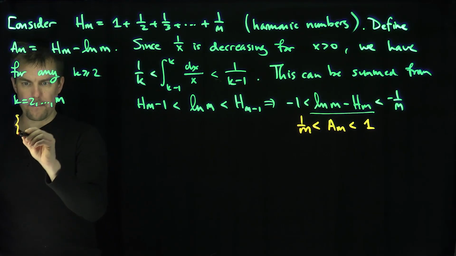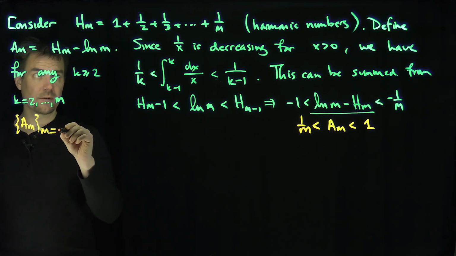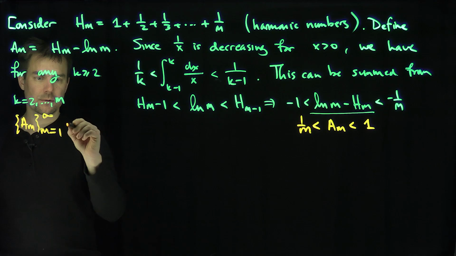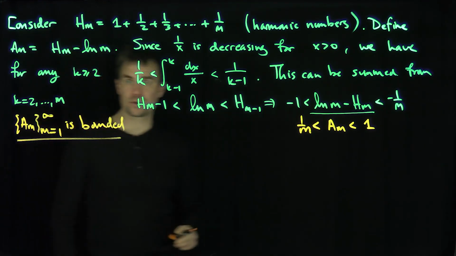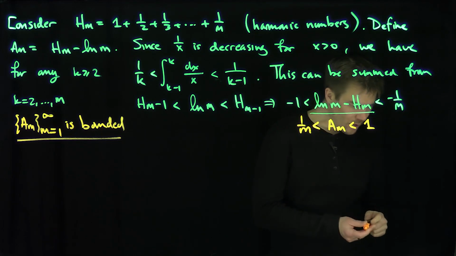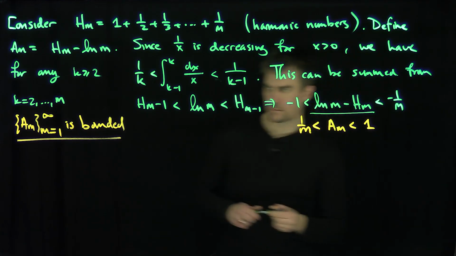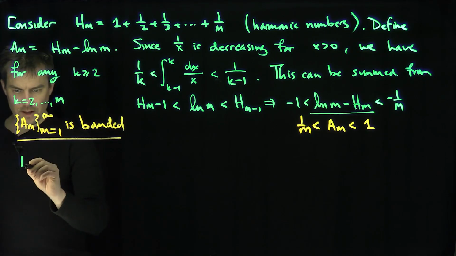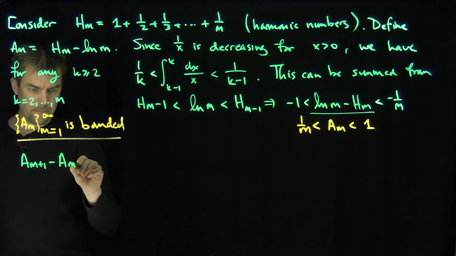So the sequence a_m, m goes from 1 to infinity, is bounded. That's great. Now I need some sort of monotonicity to show that it converges. So let's do that next. Let's consider a_{m+1} minus a_m.